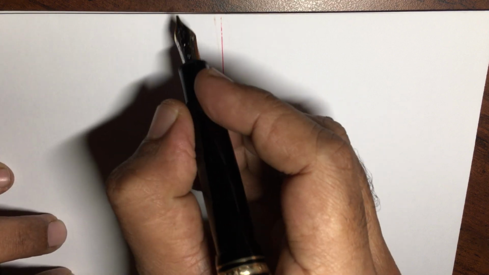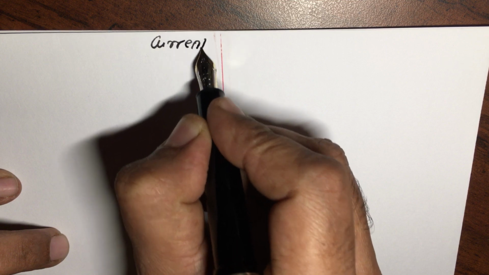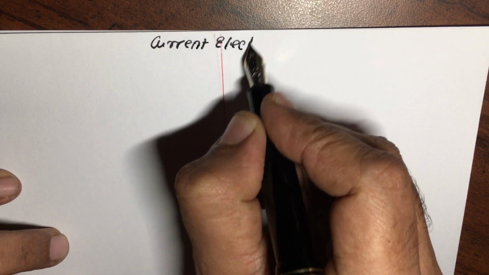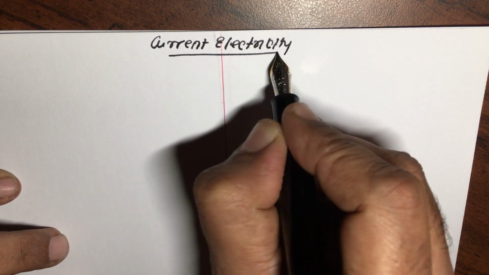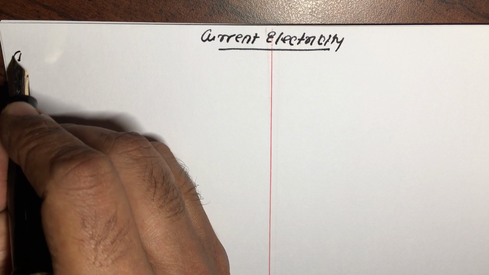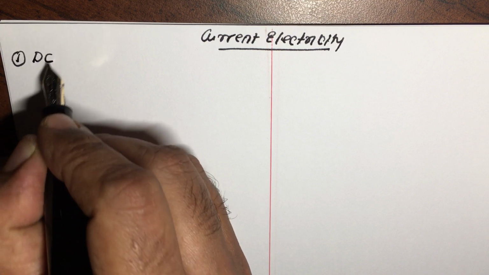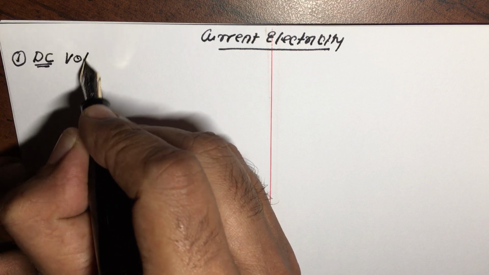Okay, today we'll discuss current electricity. First of all, we'll talk about DC, direct current, or DC voltage, let's say.